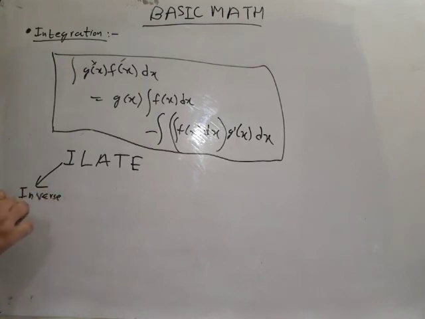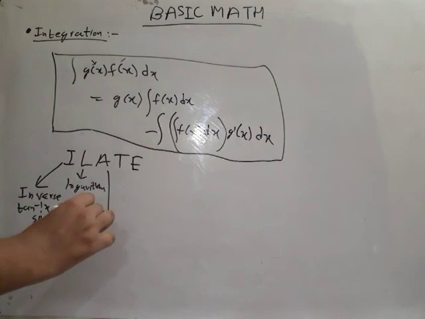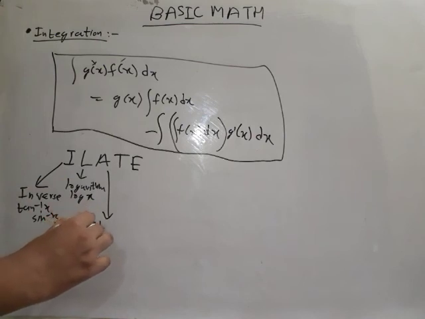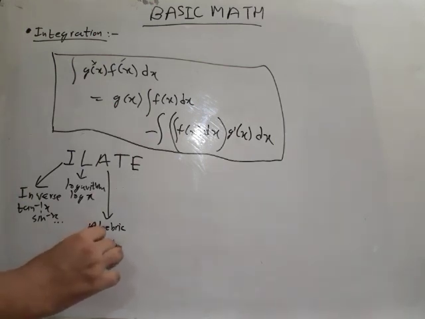Inverse means tan inverse x, sin inverse x, such things. L is for logarithm. A is for algebraic. Logarithm means log x. Algebraic means x cube, x plus 2, like this.